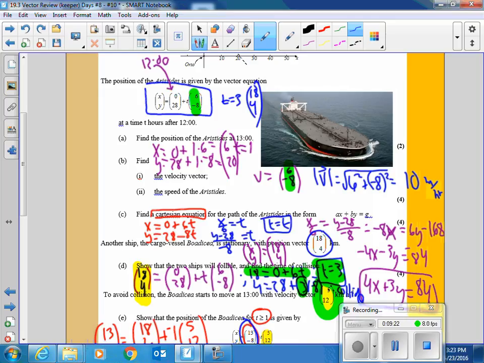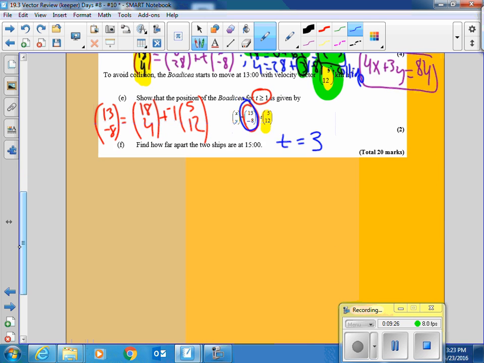So that will be when t is equal to 3 for this first boat. When t is equal to 3 for this second boat, I'm going to get x equal to 13 plus 15. y is equal to negative 8 plus 36. So this is 28, and this is also 28. Is that right? 28 and 28.